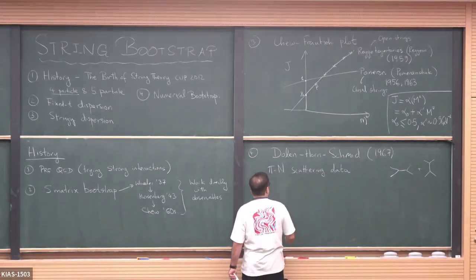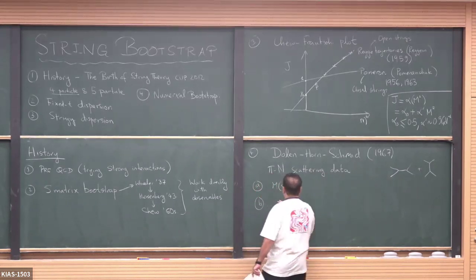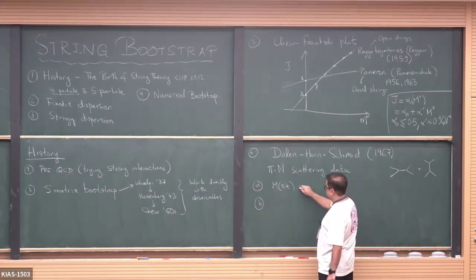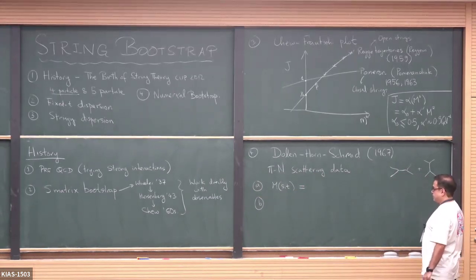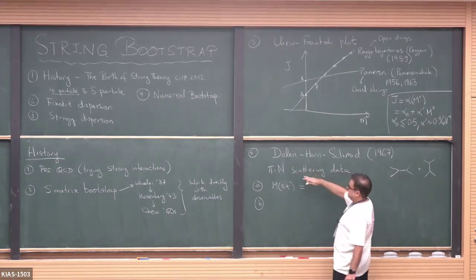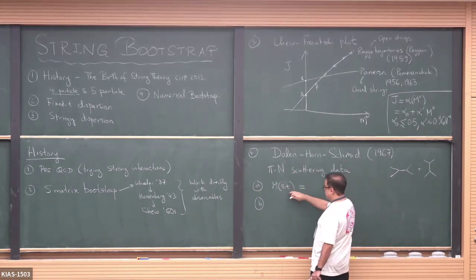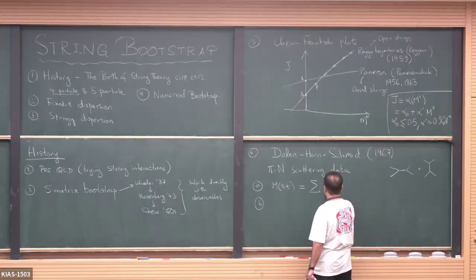From examining this, they conjectured that the total amplitude actually has two pieces. There is the imaginary part or the absorptive part of the amplitude and also the real part. In the data analysis, they were looking at the absorptive part, but using that, they concluded that the total amplitude can be expanded in terms of the S channel poles.